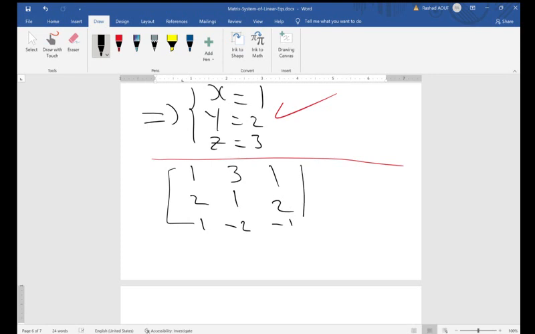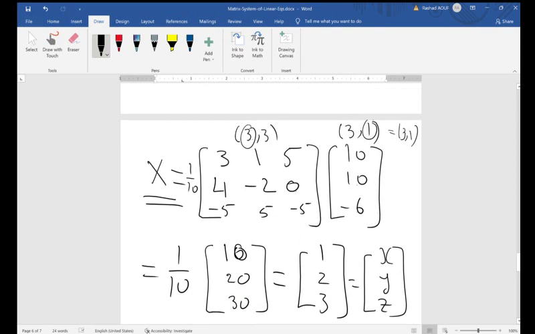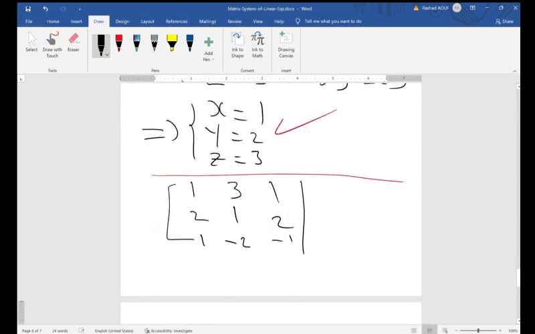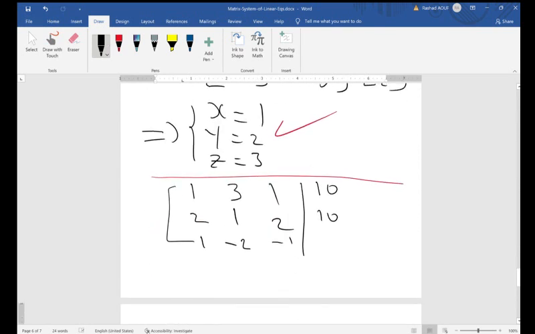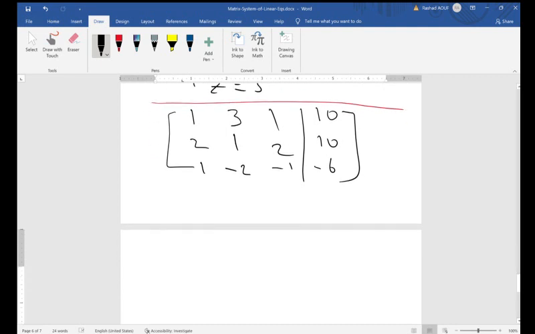Then you put the right hand side elements, 10, 10, minus 6. And what do you need to do now? We call it the upper triangular method. You choose the diagonal elements and make all the elements below them equal to 0.